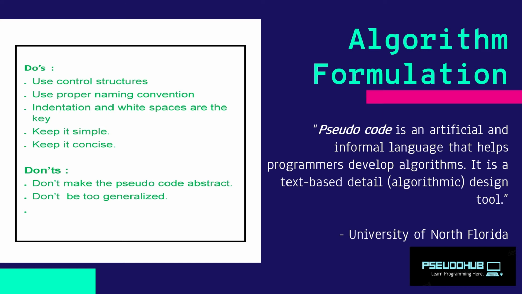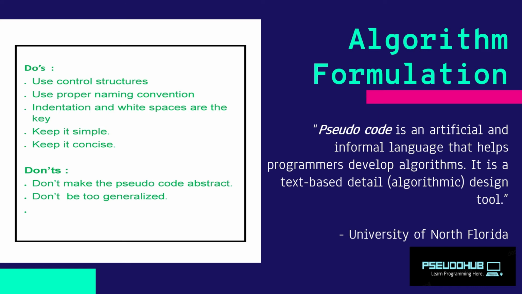Don't write out all your instructions in full. As much as possible, use symbols. For example, instead of writing if 1 is less than 2 in words, use a symbol that represents less than. For example, if 1, then the less than symbol, then 2. You have to keep it simple and concise.